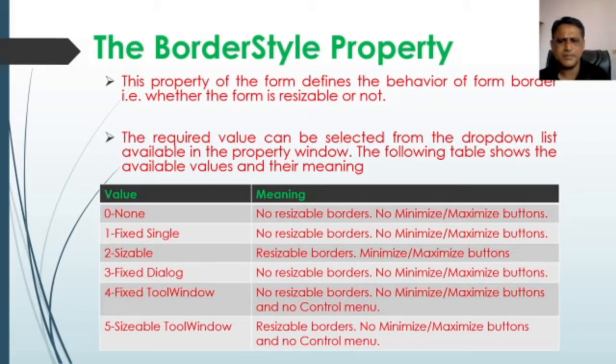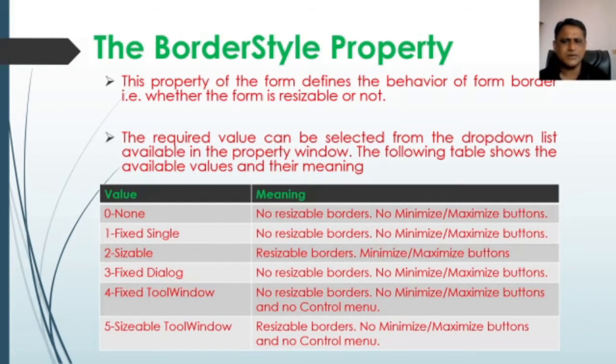The 0 none option will define the form as not resizable, with no resizable borders and no minimize and maximize buttons. So in the form the minimize and maximize buttons will not be available, and also the border will not be resizable.